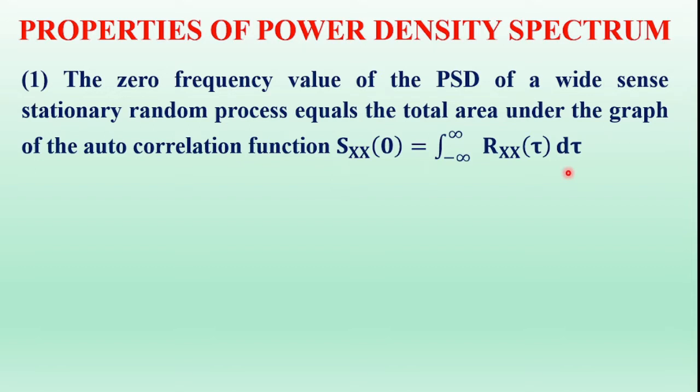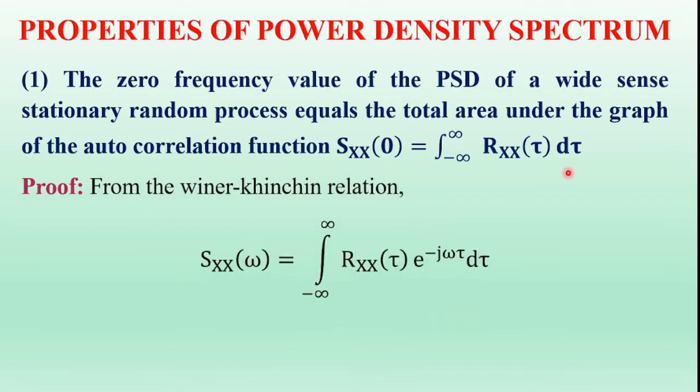Now coming to the proof. We know that from the Wiener-Khinchin relation, the power spectral density of a random process x of t is Sxx of omega is equal to integral minus infinity to infinity Rxx of tau into e power minus j omega tau d tau. In this equation, substitute tau is equal to 0. If tau is equal to 0, e power minus j omega into 0, e power minus 0 value is 1.